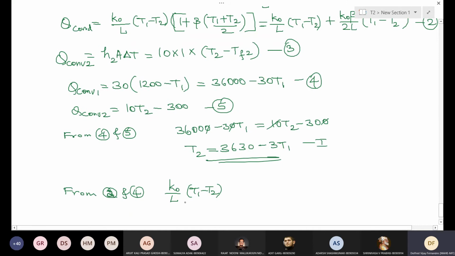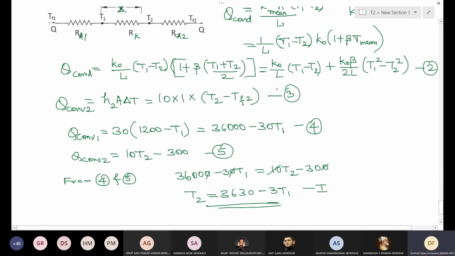If you want to simplify and save writing time, you can put K0 by L as some variable, say P, and this other factor as Q. You can write that way also.